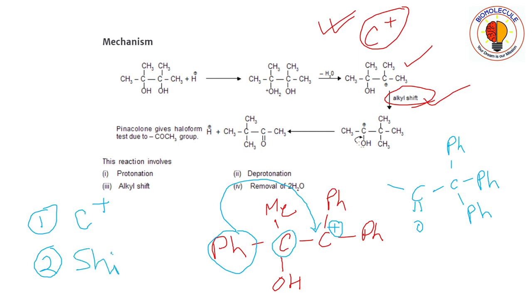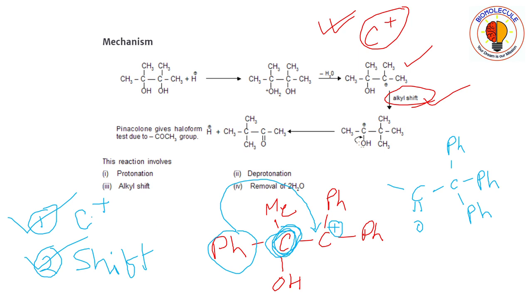Okay, migratory aptitude of the adjacent carbon groups. Okay, so first you have to consider the stability of carbocation, and second you have to consider the alkyl shifts, means the shifts from the adjacent carbon.